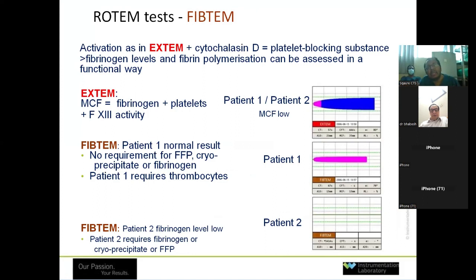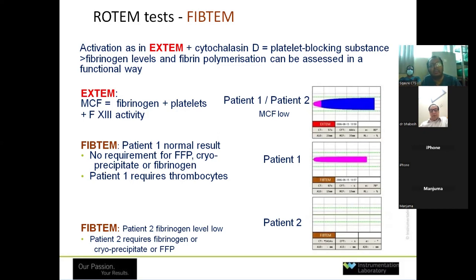Here we have a patient scenario, patient 1 and patient 2. In patient 1, we see that the MCF or the maximum clot firmness is quite low. In case of the FIBTEM, the purple color below, the FIBTEM is within a normal range, so there will be no requirement of FFP or cryoprecipitate or fibrinogen.